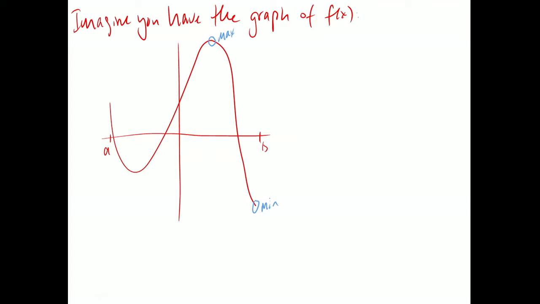So, what made this so easy for us as human beings to do? Well, we had a picture, but even aside from that, what made it easy? I'm guessing you didn't obsess a whole heck of a lot about points in this region.